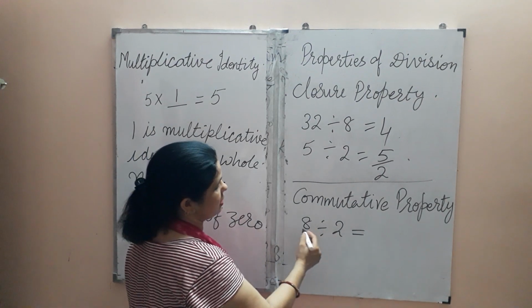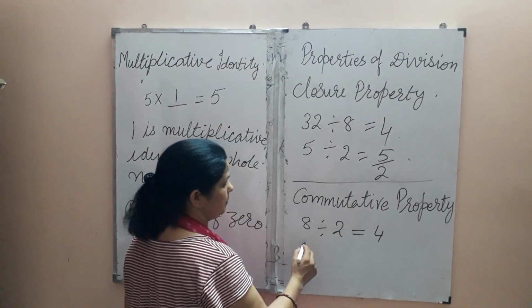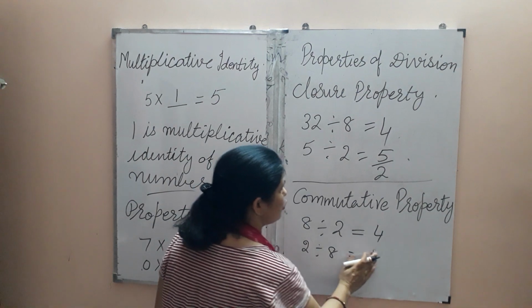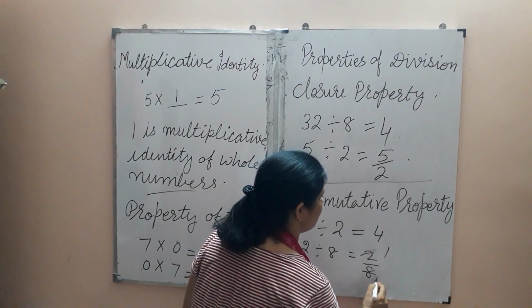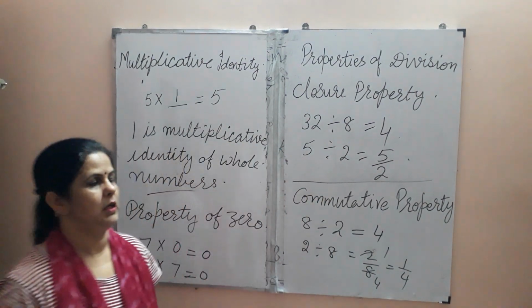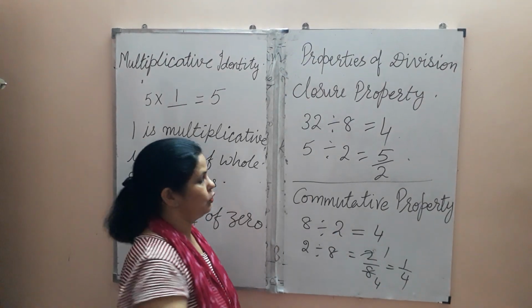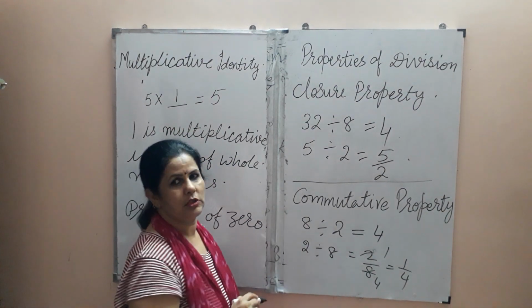Let's see in division. 8 divided by 2 is 4. If we change the places, 2 divided by 8 will be 2 upon 8, which is 1 by 4. So whole numbers are not commutative under division, or you can say the commutative property fails under division.